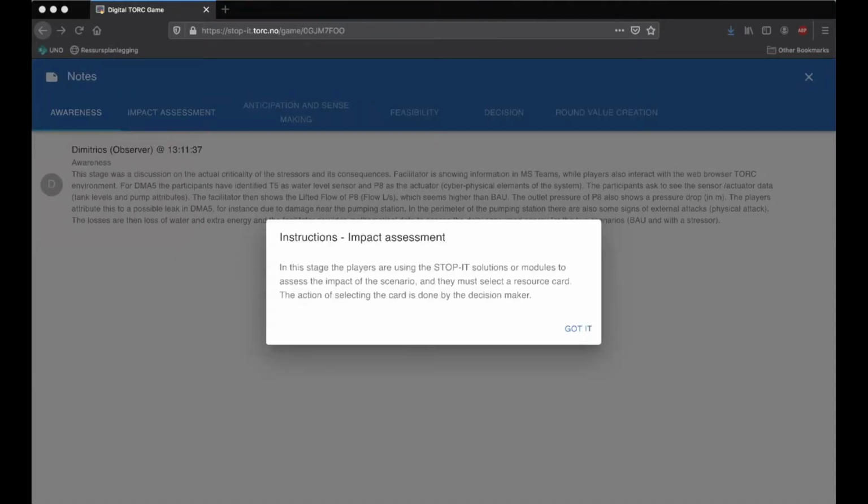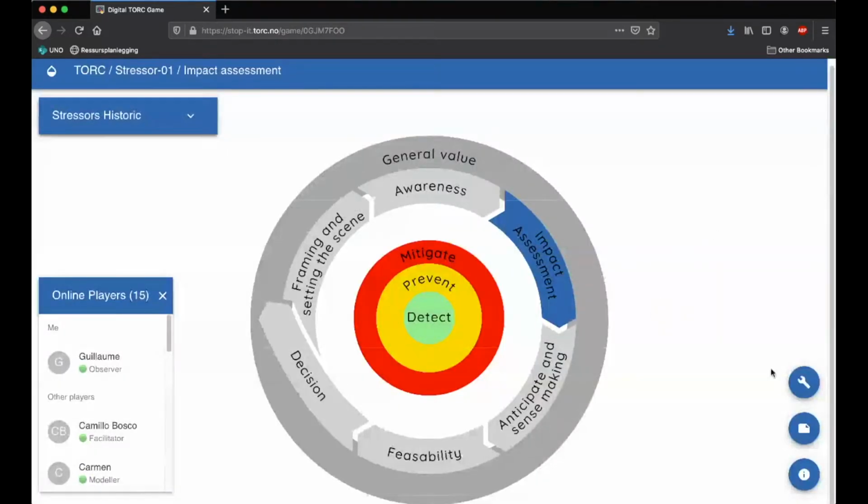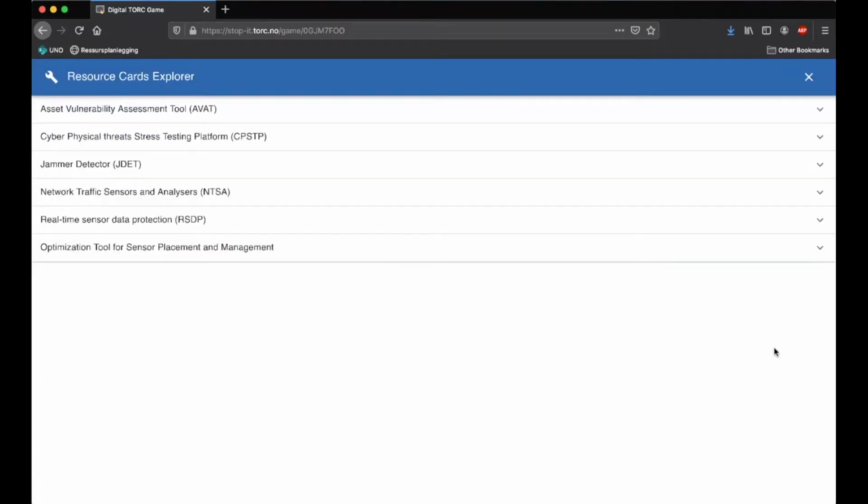So now in the impact assessment, you should be able to see with the button resource cards some tools we can use, but also you can add some tool you want, and you have something in your reference material that could be useful. I mean, you can use in this case both one external tool and one of the cards.